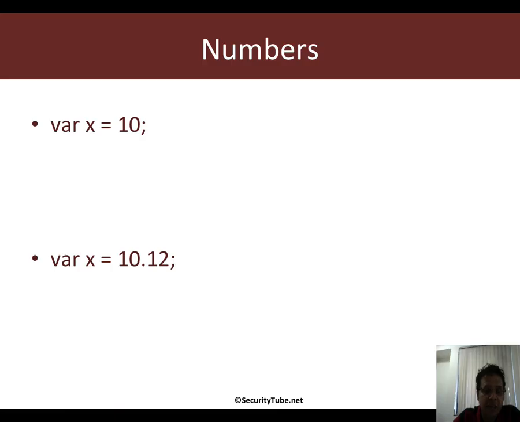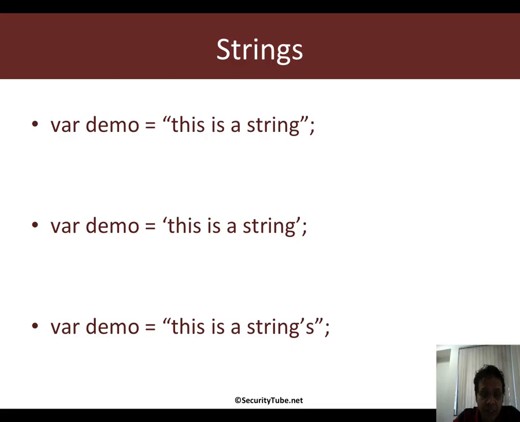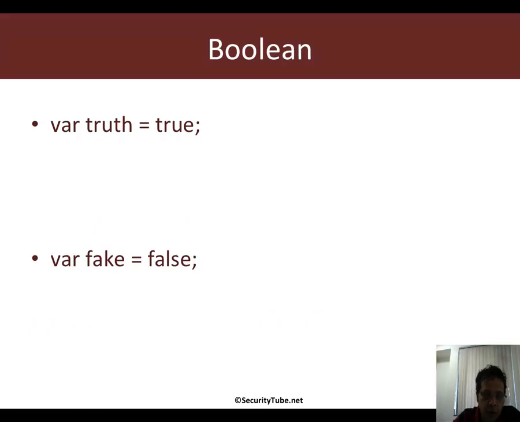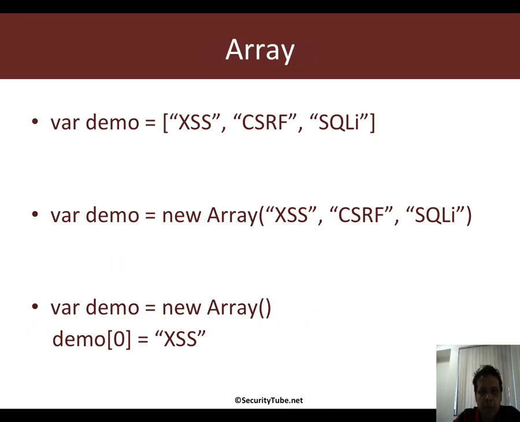So as far as numbers are concerned, you can work with whole numbers, decimals in very simple ways, as you can see. Var x equals 10 or x equals 10.12. Strings can be defined using single or double quotes. Boolean, of course, can be true or false.